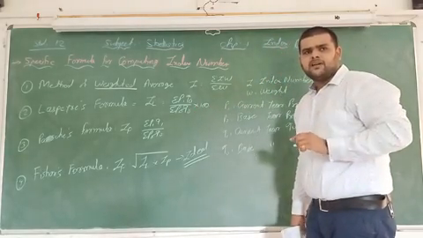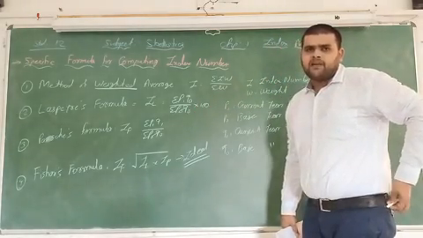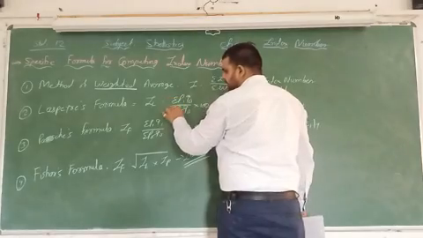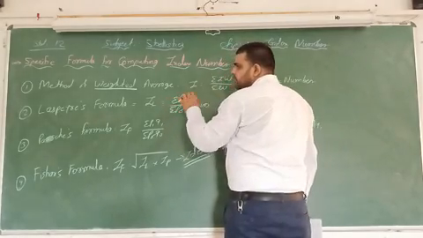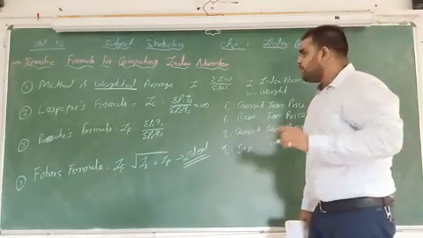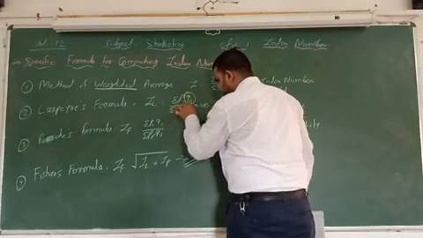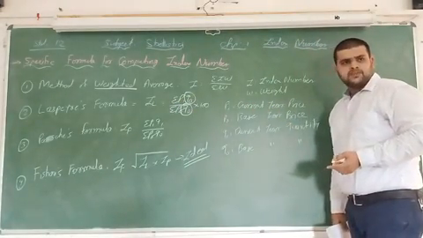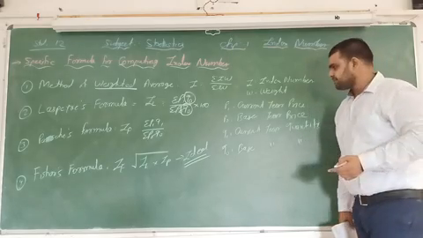As we know, the normal formula of index number is I is equal to P1 upon P0. Laspeyres gives importance to Q0. So what is P1, P0, Q1, Q0 that we are discussing here.